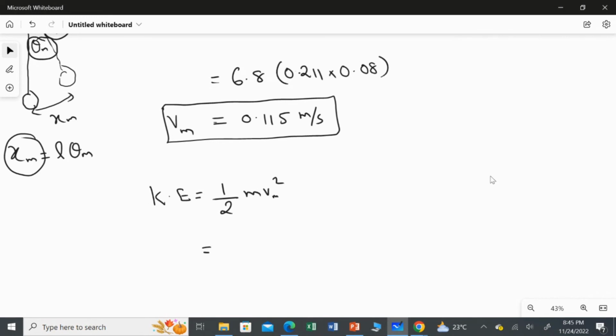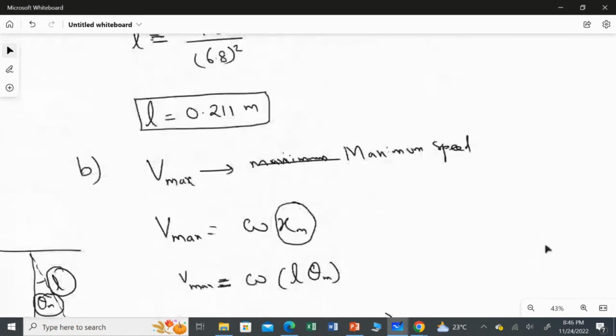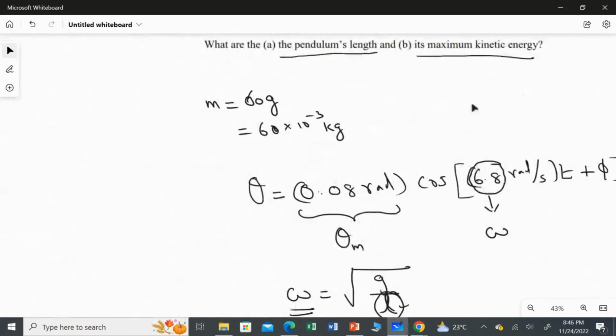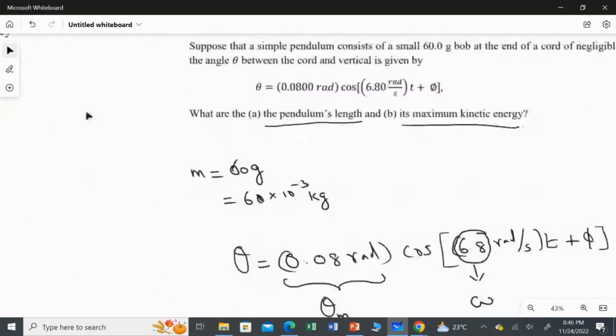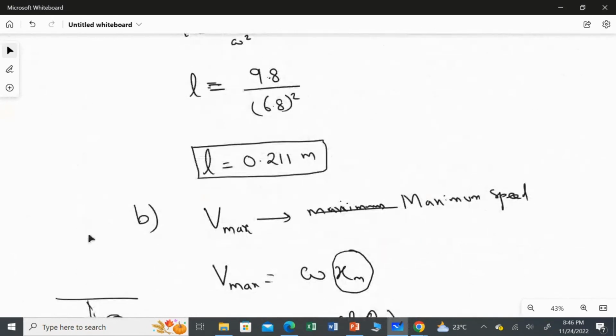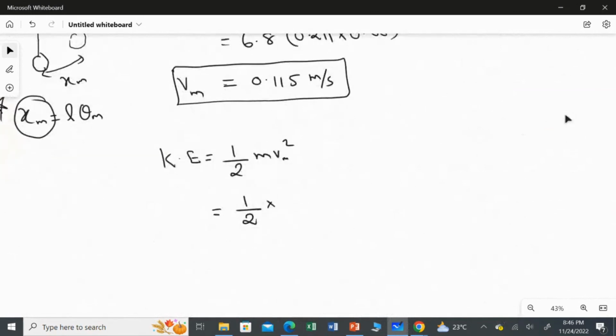Now I am going to substitute the value: 1/2 multiplied by the mass, which is already mentioned in the question as 60 gram. See here, we have 60 gram. So I'm going to use this value in this equation.